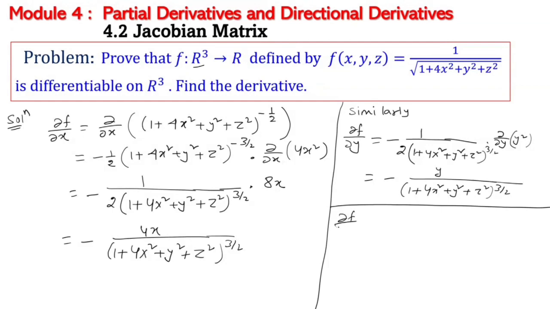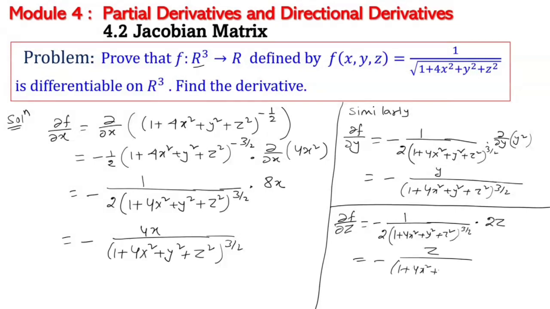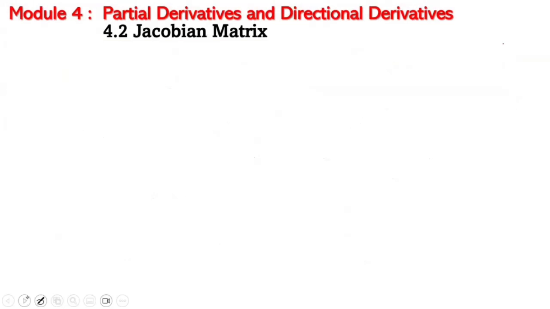Then we have the last one, ∂f/∂z. This is equal to minus 1 over 2 times (1 + 4x² + y² + z²) to the power 3/2, and then the derivative 2z, so this is minus z over (1 + 4x² + y² + z²) to the power 3/2. Again it is continuous.